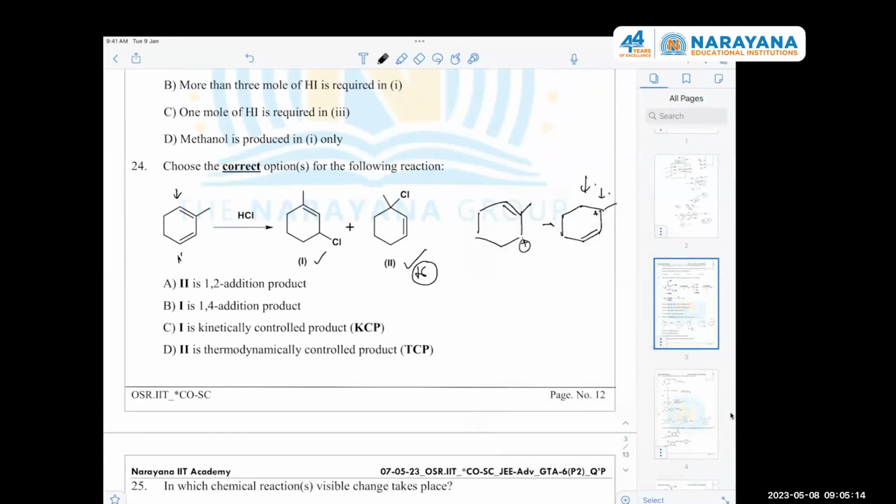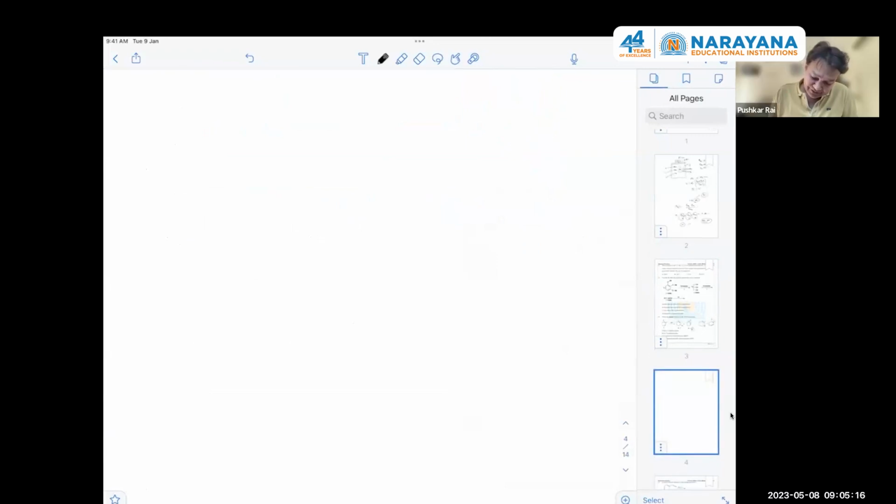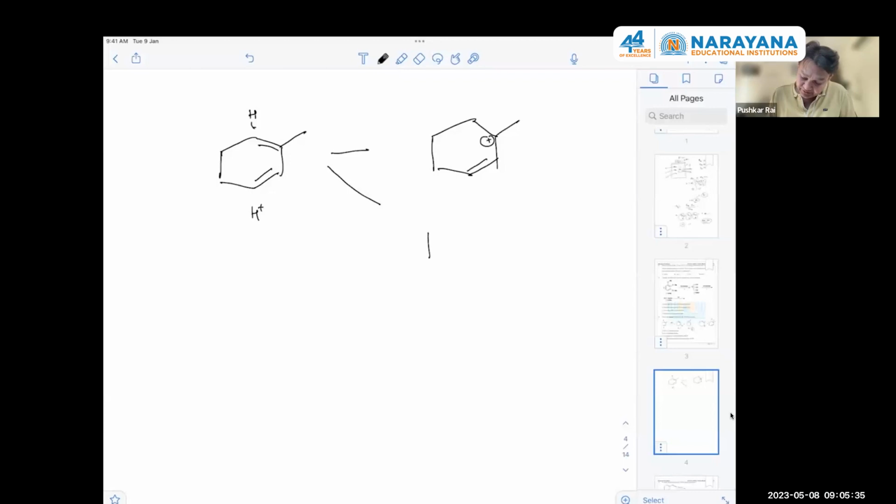Although I am not supposed to be discussing this, it is the purview of Ashish sir. But by common sense, I can give you the answer. If you have this compound and you're adding H plus ion on this one, then what is going to happen? There are two options: either H plus ion is coming here or H plus ion is coming here. If H plus ion is coming here, you're going to get this product. This is the intermediate. And if you are adding H plus ion here, then you are going to get this intermediate.